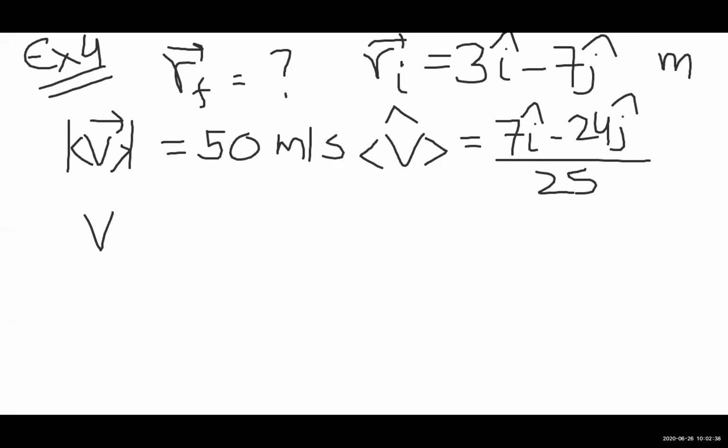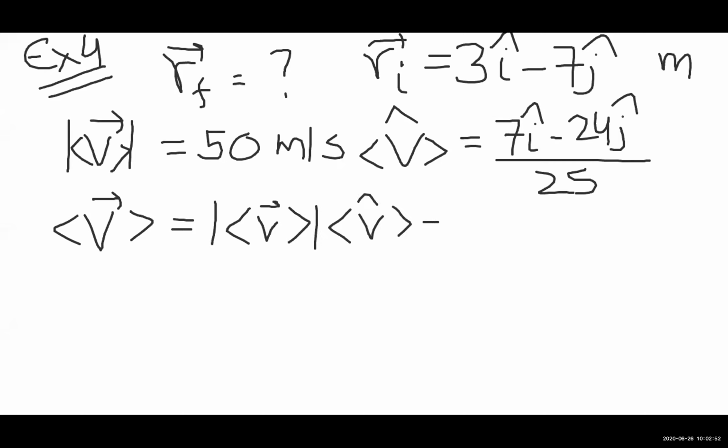So this means that the average velocity vector is equal to the magnitude of the average velocity vector multiplied by the direction of the average velocity vector, which is equal to 7 i cap minus 24 j cap divided by 25.